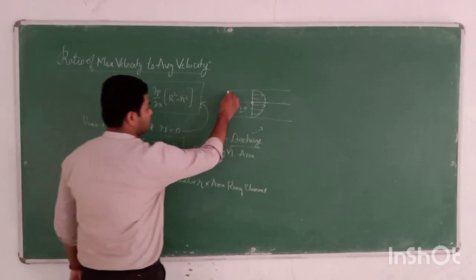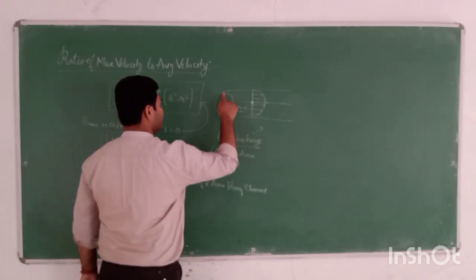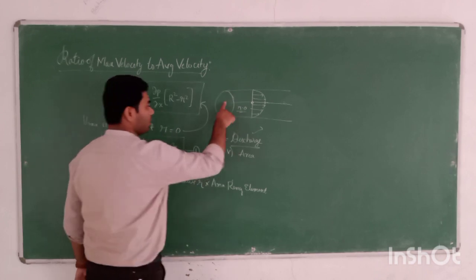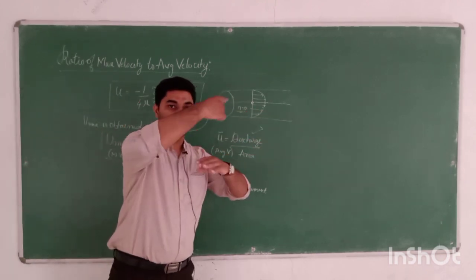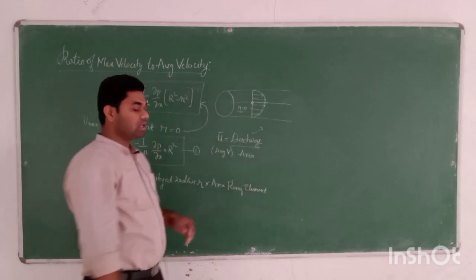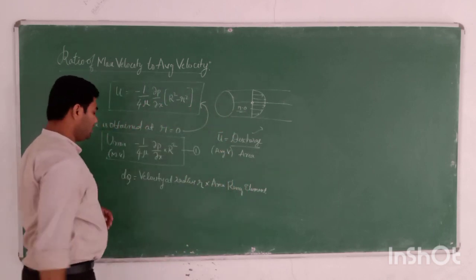Here the ring element is in the form of a circle, cylindrical in shape. So what will be the area of the ring element? It will be circular in shape.